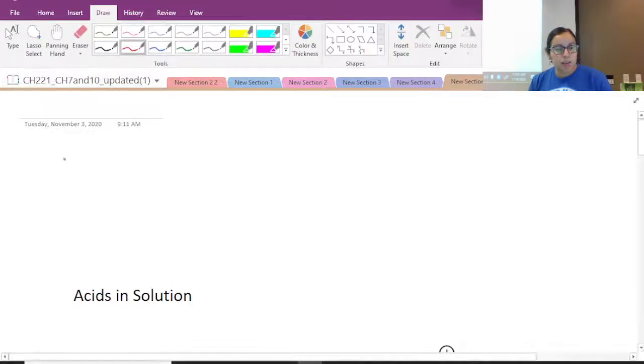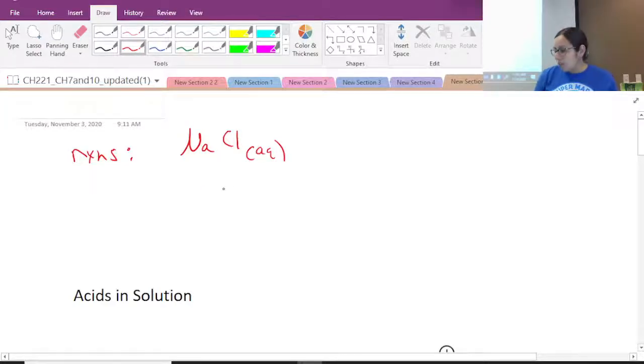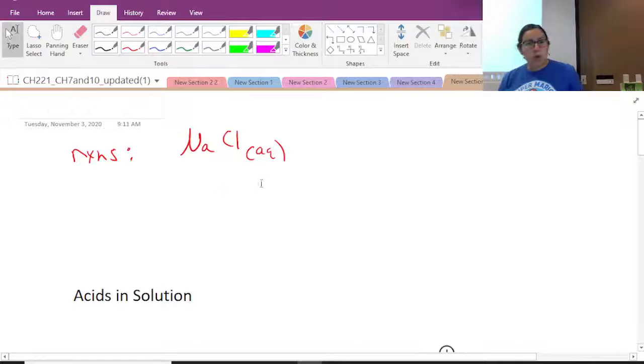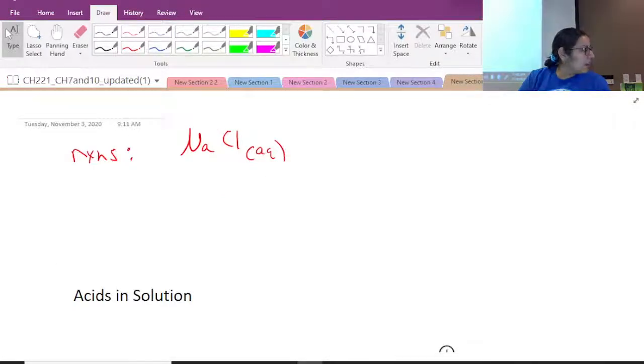So let's just say in our reactions, for example, if we have sodium chloride, we usually denote whether it's in solution, so aq. Let's look at that distinction and what we're showing there, what's the difference, what's going on.